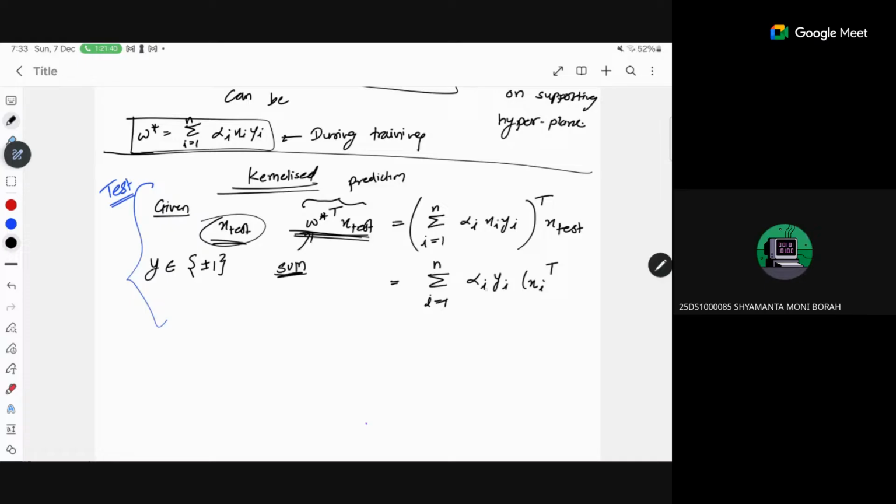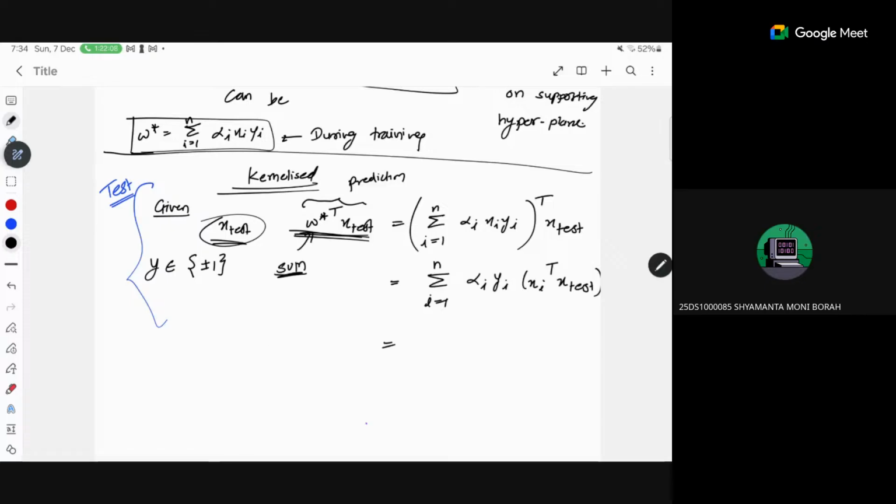This is scalar, this is also scalar, right? The transpose is the same. And then it will be X test. This x i transpose and X test are both in R^d. Now, what is next?